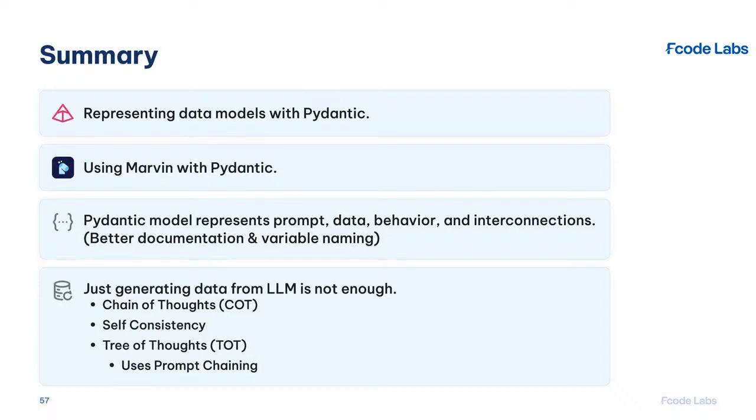Then we identified that just querying data from the LLM is not going to be enough, so we introduced the chain of thought method, where we ask for the reasoning from the LLM, and we run that multiple times to get a better answer. We introduced that with self-consistency, and instead of running all those steps in a single query, we run them in multiple queries, and we introduced tree of thoughts and prompt chaining methods.